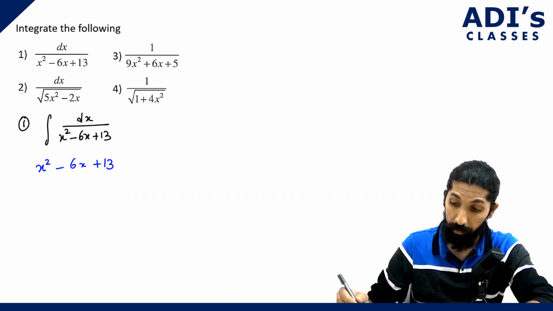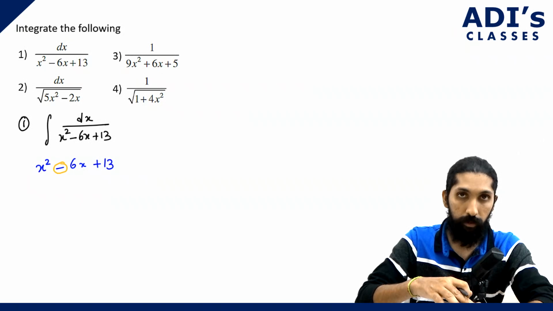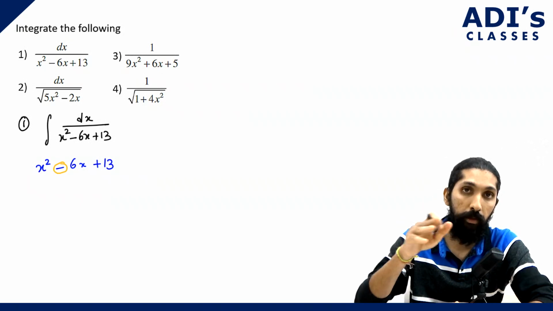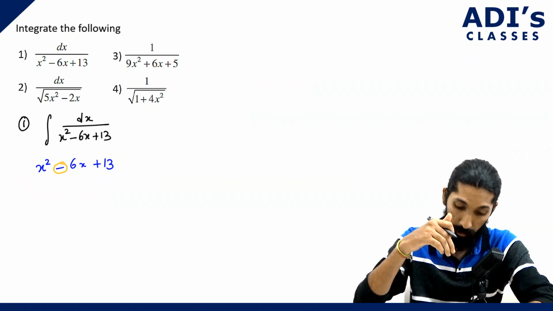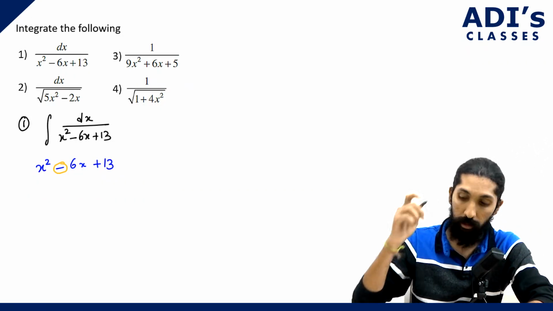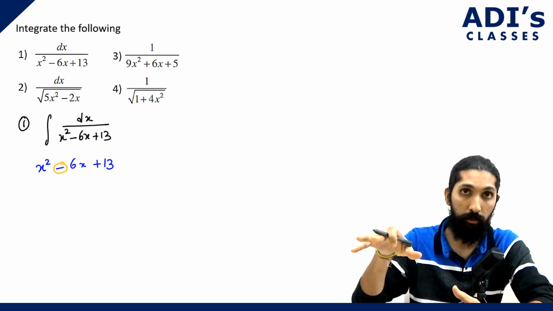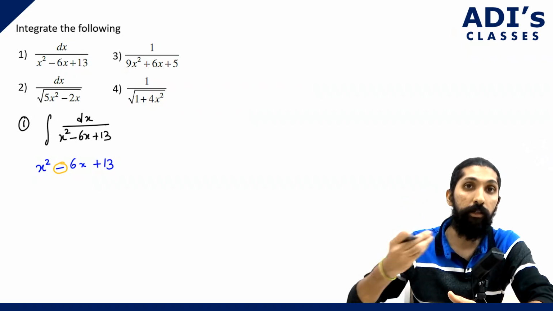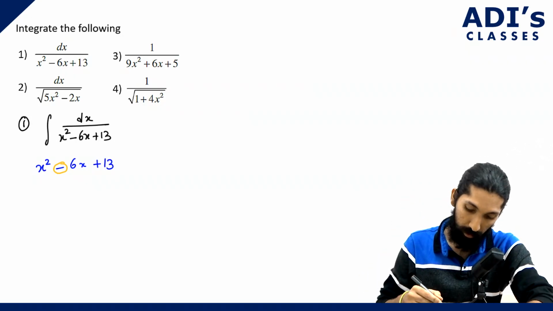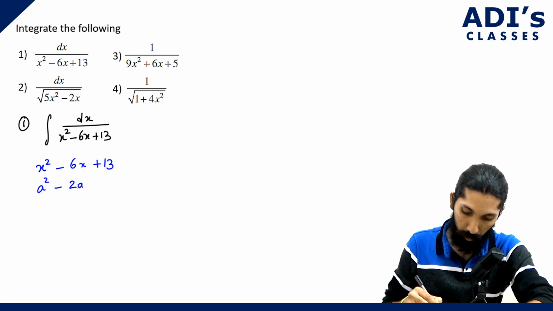Now, a particular point here is that there is a minus sign. If there is a minus sign, it will become a minus b whole square. If that was a plus, then a plus b whole square. So first, we'll try to convert this into a minus b whole square by comparing the terms. Here, x square, we'll compare with a square minus 2ab plus b square.